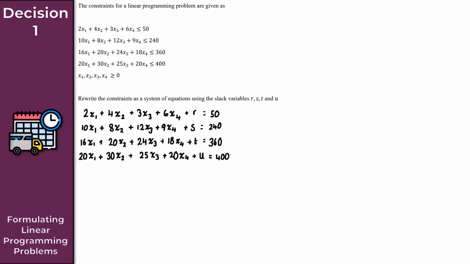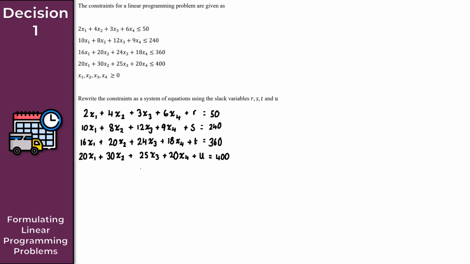Perfect. But be slightly careful here. We're not finished at this point because we also need to include the non-negativity condition, or constraint. So x1, x2, x3, and x4 all must be positive. But be slightly careful because slack variables, generally speaking, cannot be negative either. So for my non-negativity condition, I also need to include the slack variables.